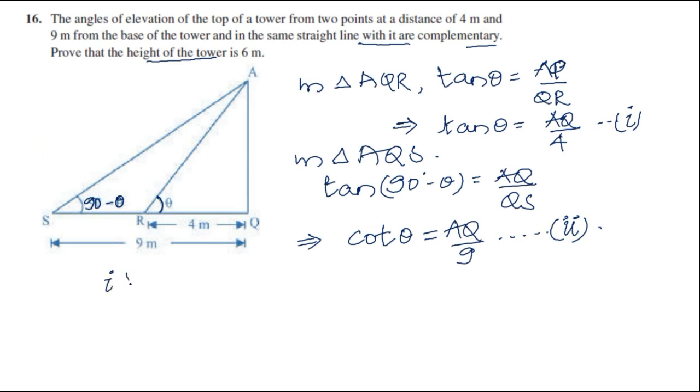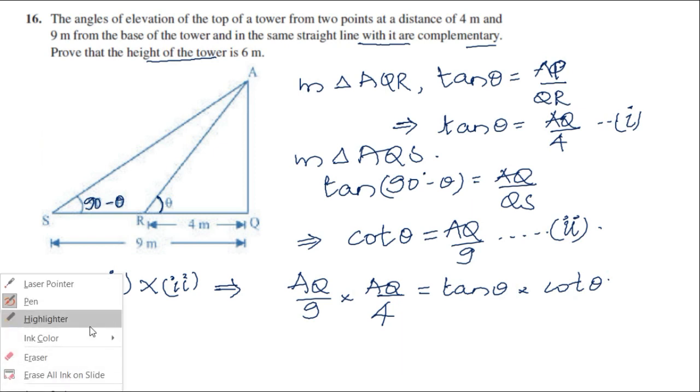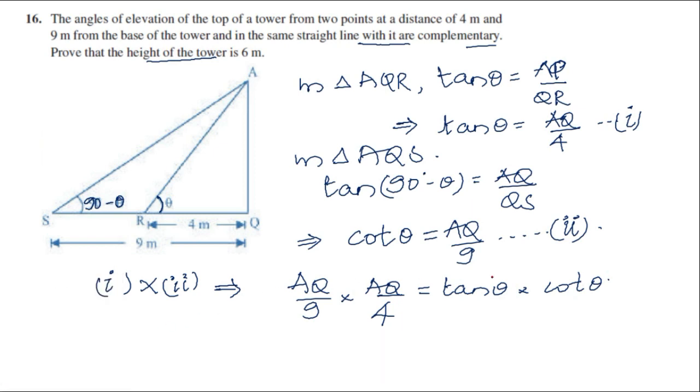Let us do equation 1 into equation 2. I am multiplying them. I'll be getting AQ by 9 multiplied to AQ by 4 equal to tan theta multiplied to cot theta. These two are complementary angles, reciprocal ratios. Then tan theta and cot theta multiplied, this becomes 1.